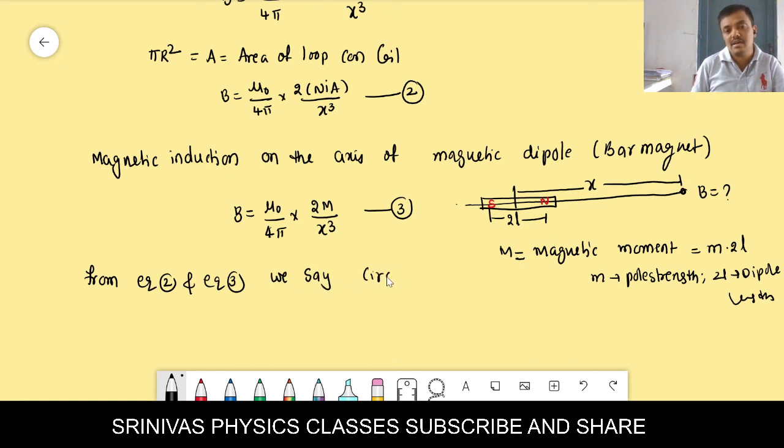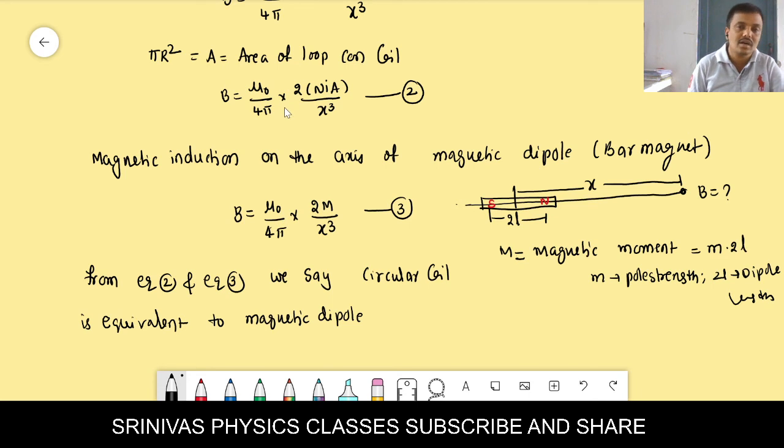the circular coil or loop is equivalent to what? Equivalent to a magnetic dipole, because the formula for the field due to a bar magnet is similar to the magnetic field due to a circular coil.